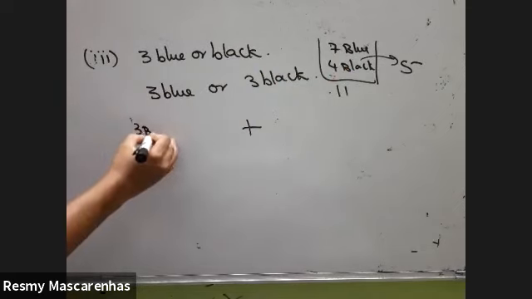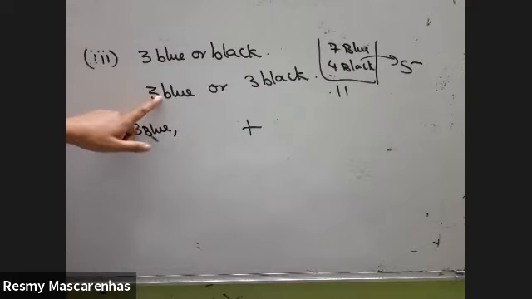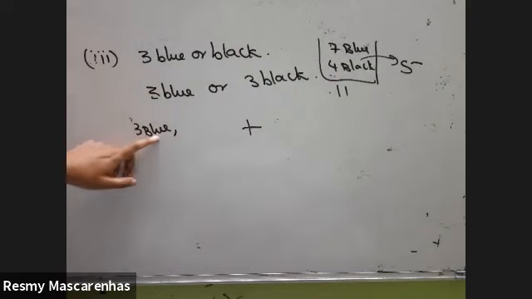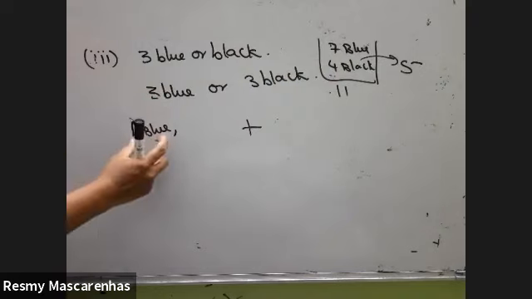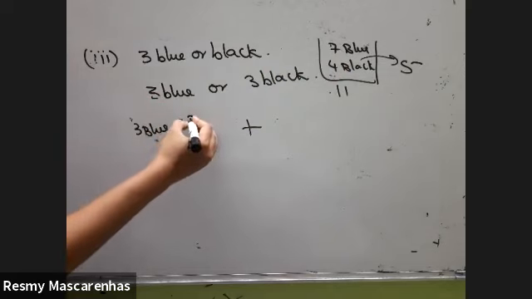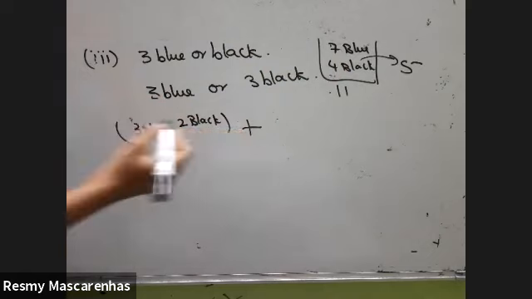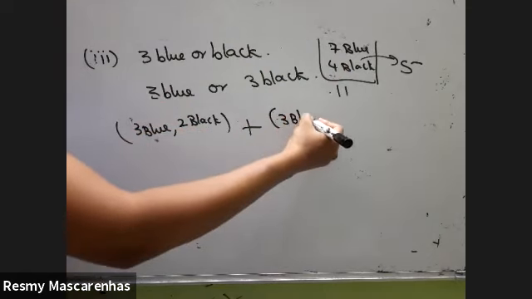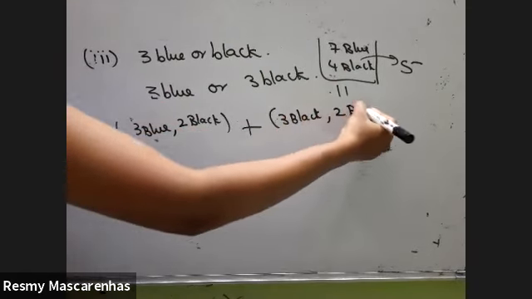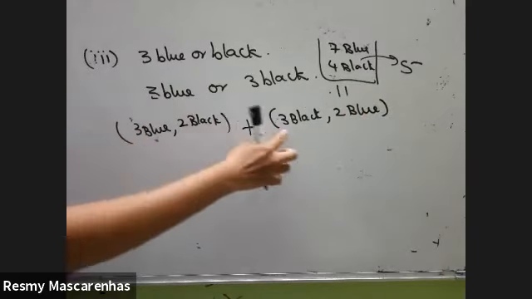If I'm picking up 3 blue, I'm still not done. Total 5 marbles I have to pick up. I've just picked up 3 blue, then what will be the remaining? If I'm picking 3 blue, I'll have to pick 2 black. Or if I'm picking up 3 black, I'll have to pick 2 blue. So that total becomes 5.